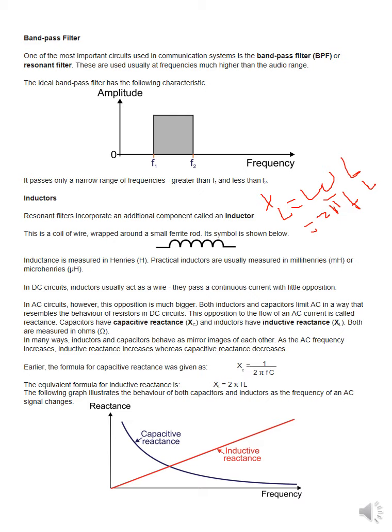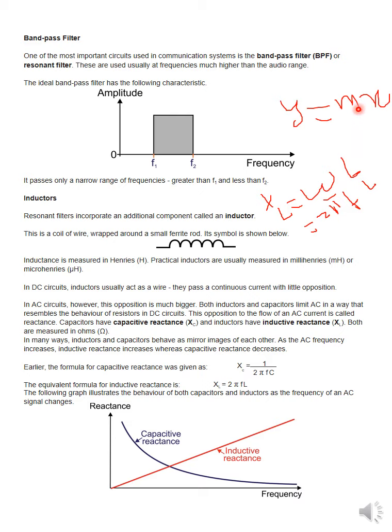The formulas for both of them are given. The capacitive reactance plot is like this. The relation of reactance with inductance is basically an equation of the line y equals mx.